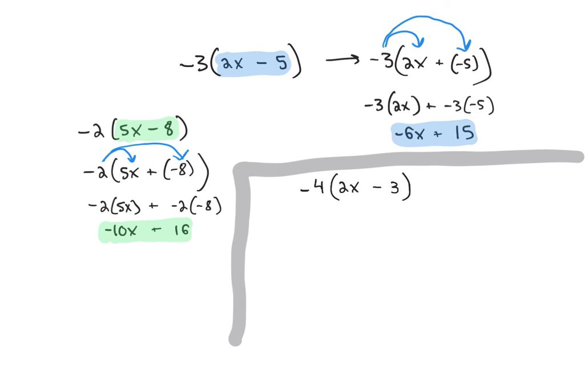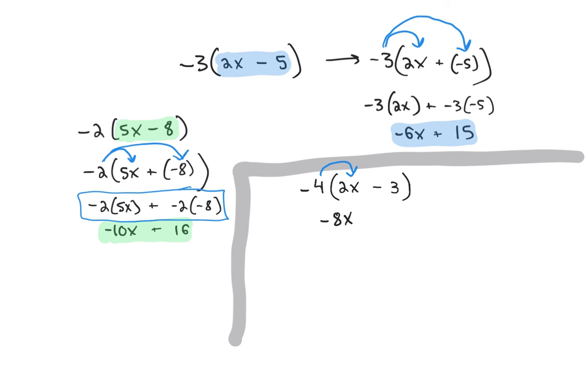So when I'm not in the mood to rewrite that expression entirely, what I do is I take the same steps, but instead of doing this step right here where I rewrite my terms, I just simplify it before I write it down. So I would say negative 4 times 2x is a negative 8x.